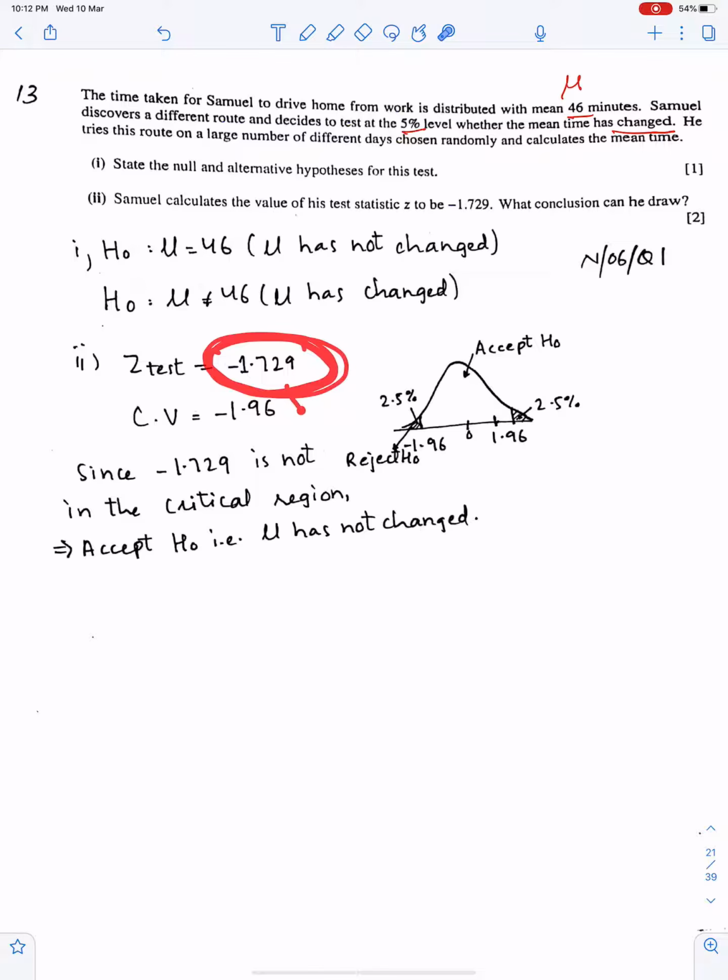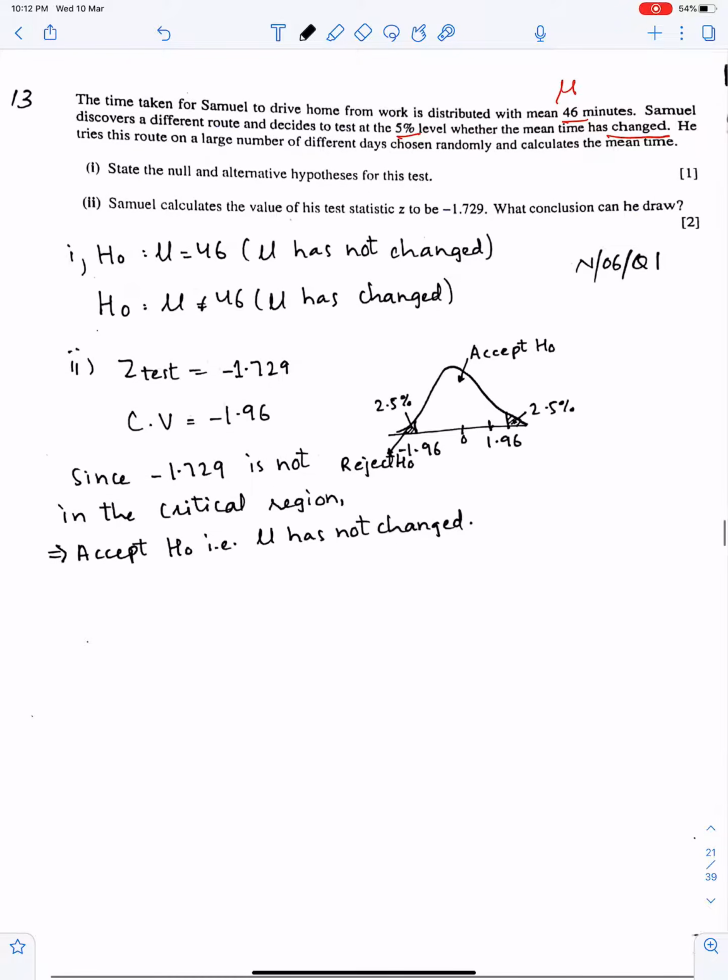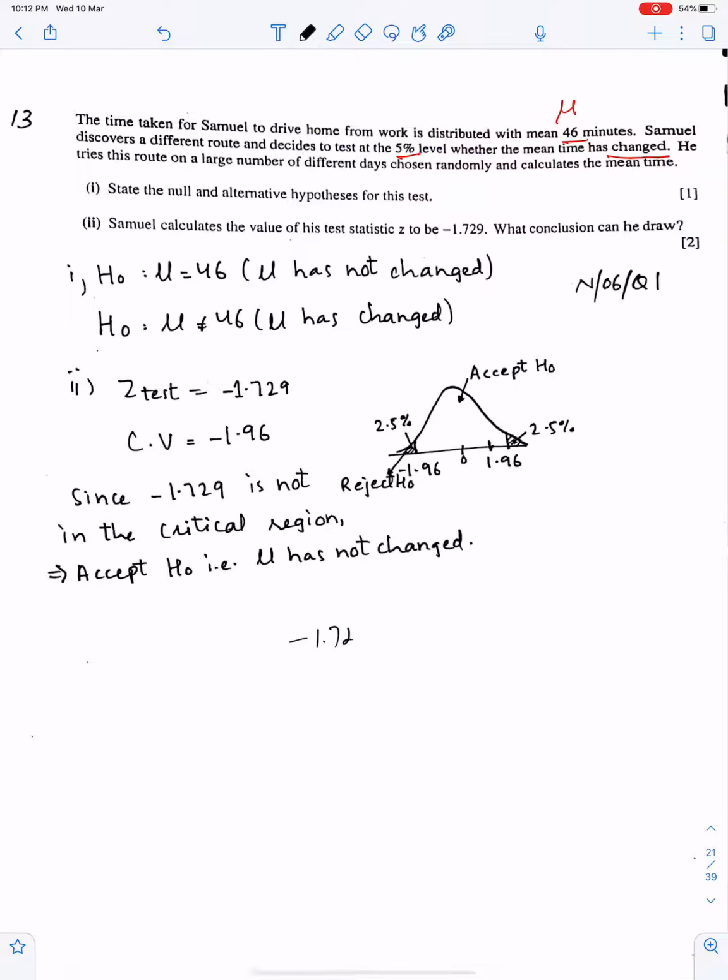This test value does not lie in critical region. This value is here. Since Z test is greater than minus 1.96, therefore you have to accept H naught. That means mu has not changed. This value minus 1.729 is greater than minus 1.96, therefore you have to accept H naught.